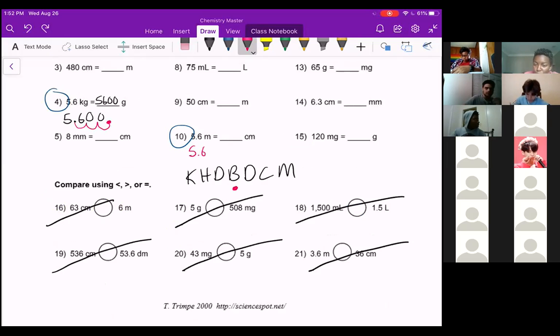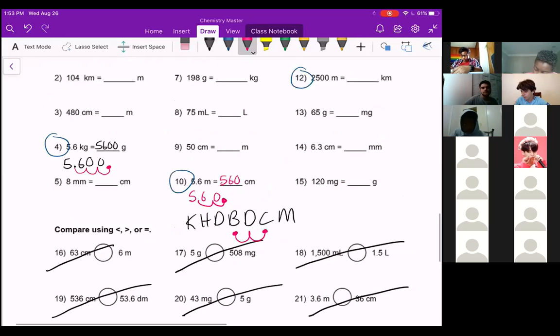Where are we moving to? Centi, 1, 2, 2 places to the right. Here's my new one. There's already a 6 in that one, so there's just a 0 right there. So that's 560.